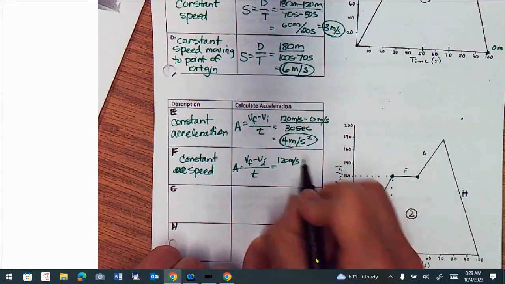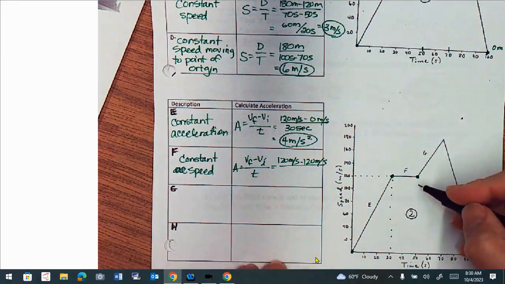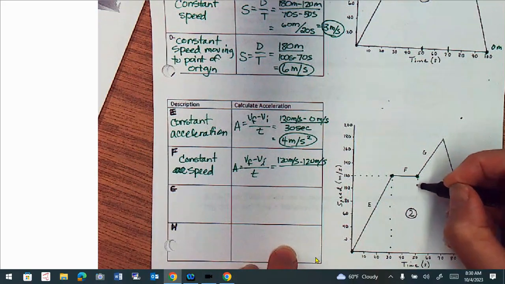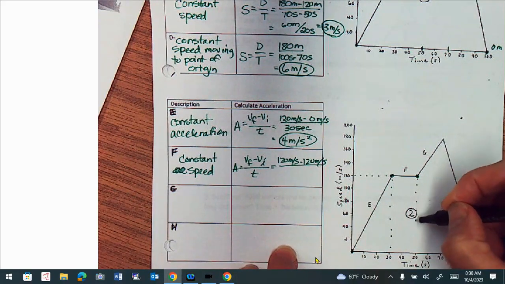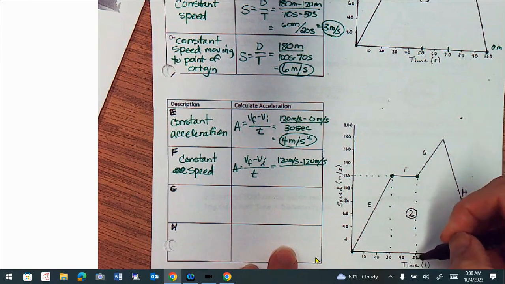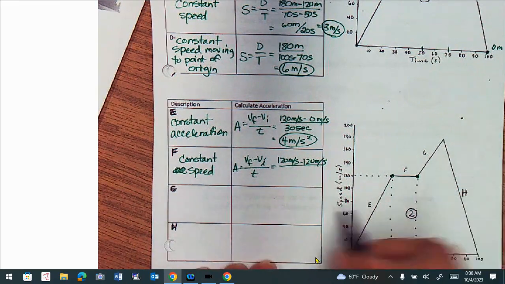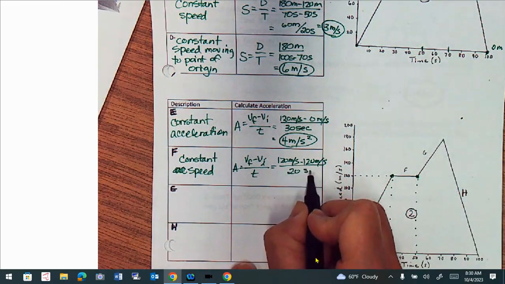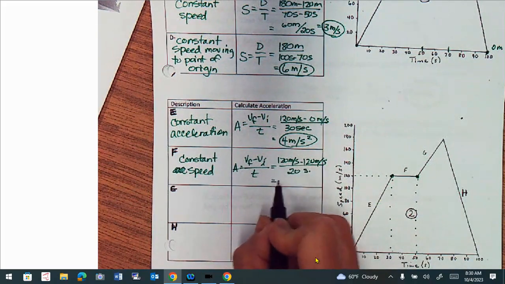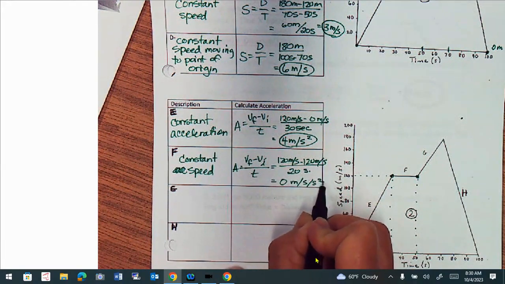Initial velocity is 120 meters per second. And the time it took to travel from here to here is 20 seconds. So 120 minus 120 is 0. So there is no acceleration, 0 meters per second per second.